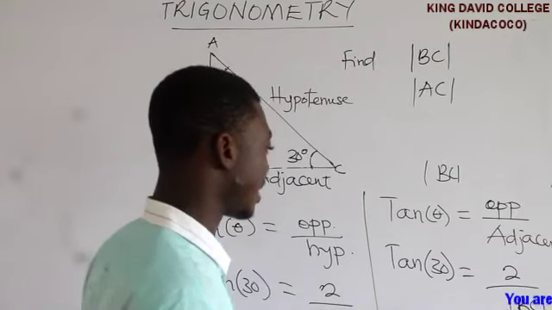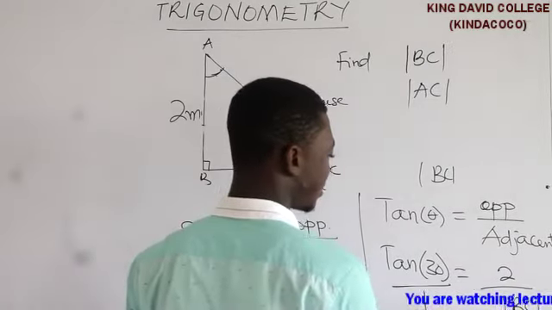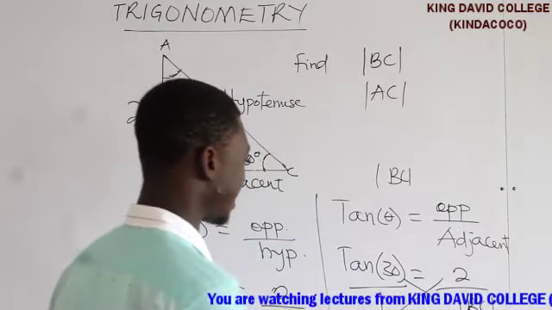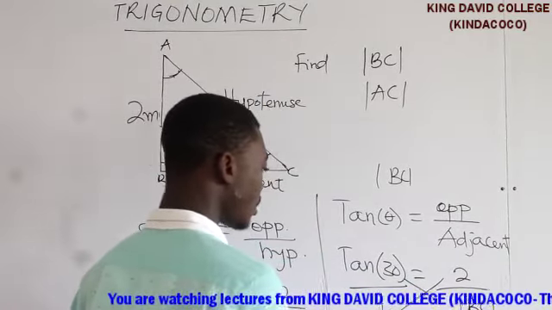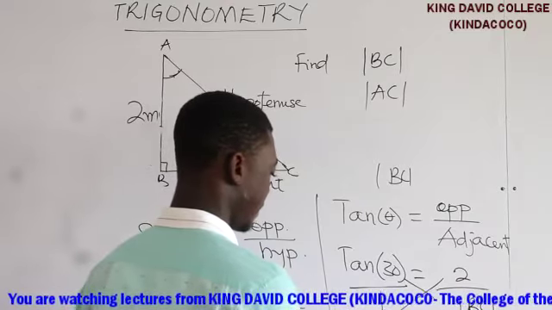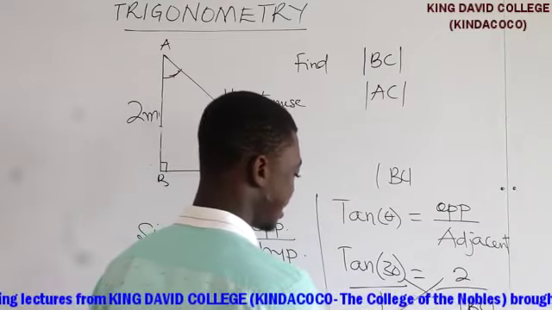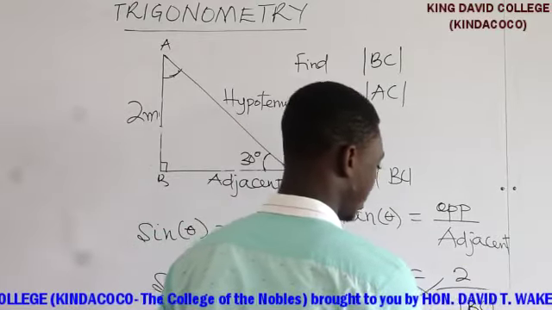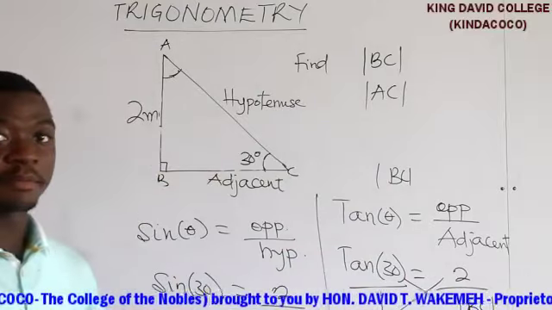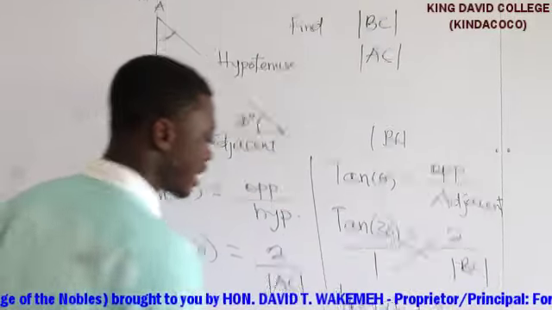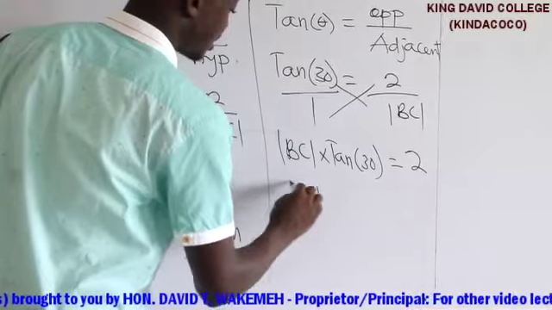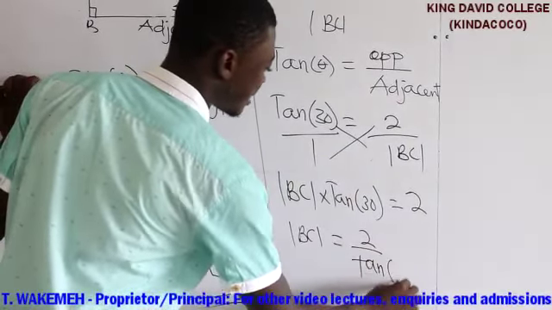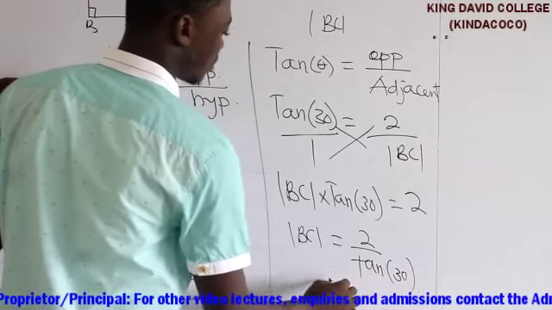So tan 30, if you divide this over 1, you can just cross multiply. Then BC times tan 30 is equal to 2, and we are after line BC. So BC is equal to 2 over tan 30.